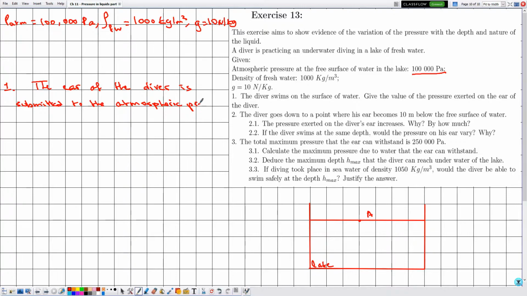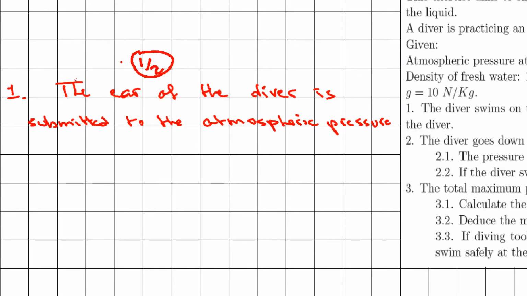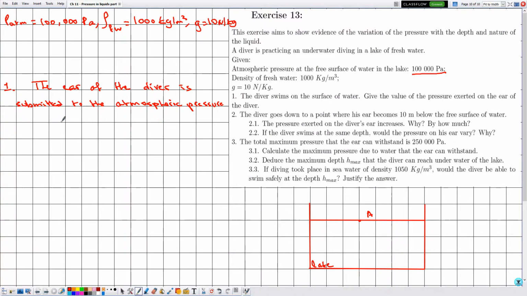This statement is important, and they usually give it half a mark. So the pressure PA is equal to the atmospheric pressure, which is 100,000 Pascal.